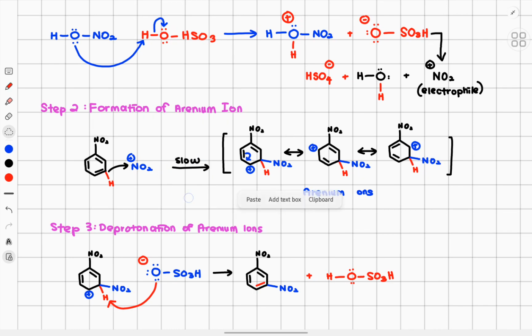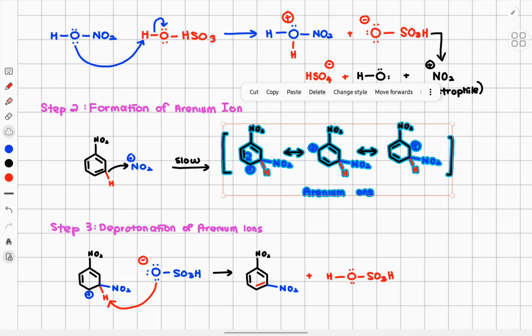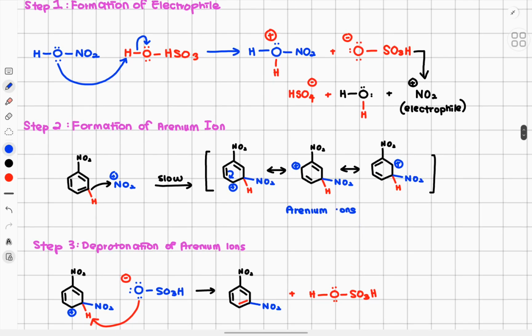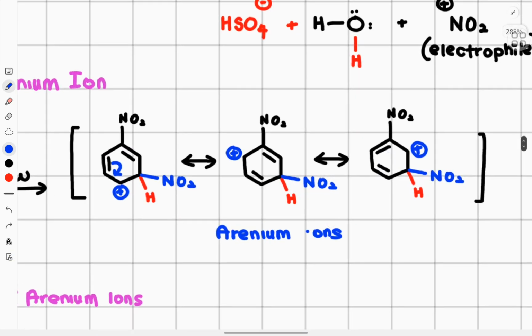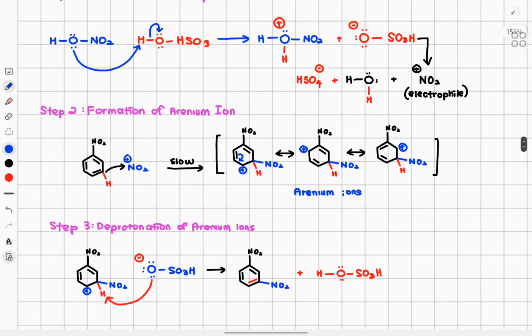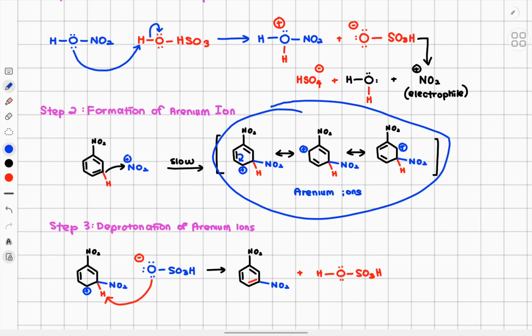To write the formation of arenium ions, we need to draw 3 arenium ions, and we need to write slow here, and then the reaction of benzene with the electrophile.